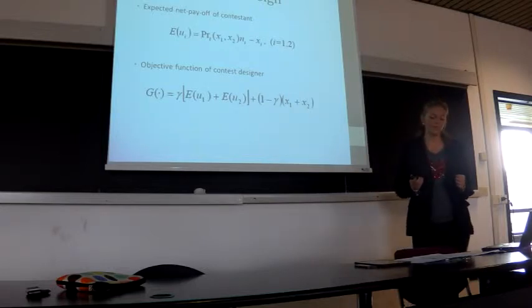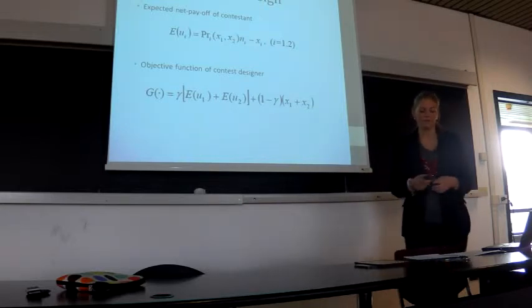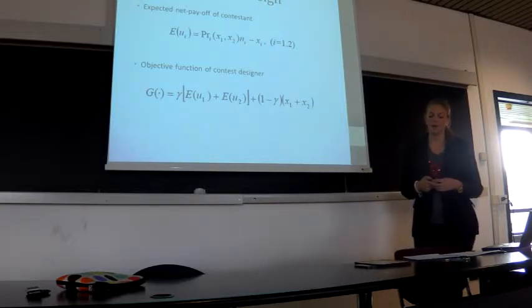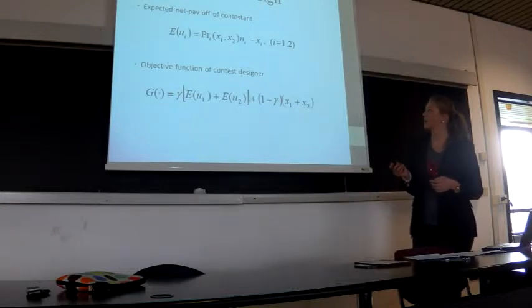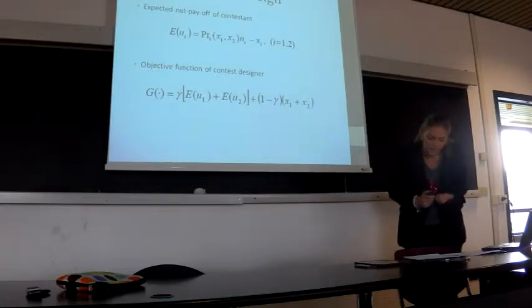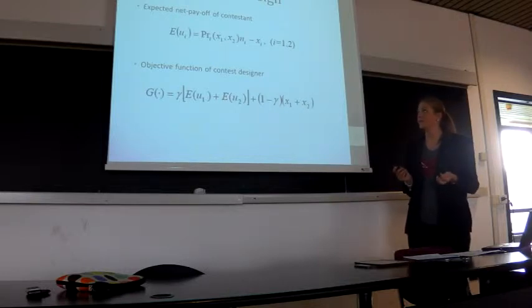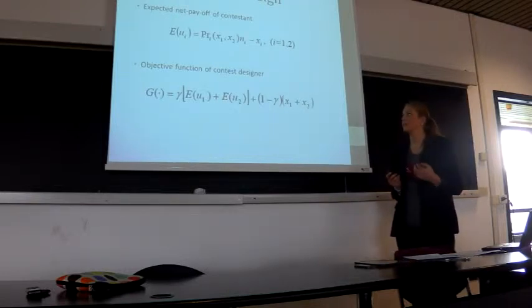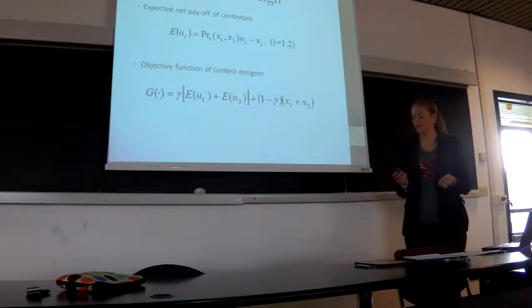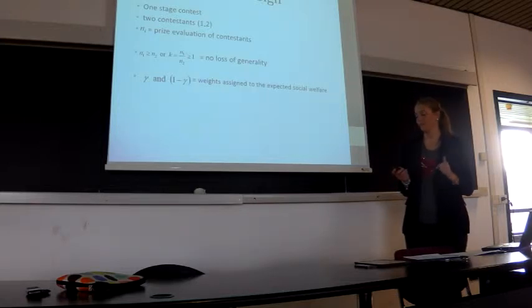So the first equation we see here is about the expected net payoff of the contestant. So what we see here, p_i(x1, x2) is the general CSF, I'm sorry, and v_i is the prize evaluation of the contestant.